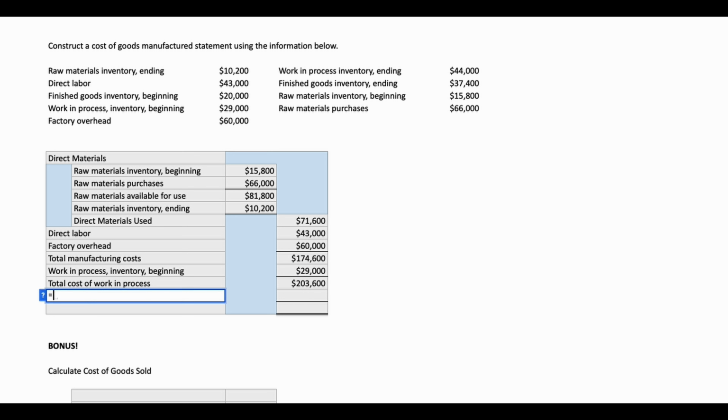Then we do a similar process and take our ending work in process, which for us is $44,000. We subtract that from our total work in process because these are the items that are not yet finished. They're still somewhere on our production line, which gives us our cost of goods manufactured.